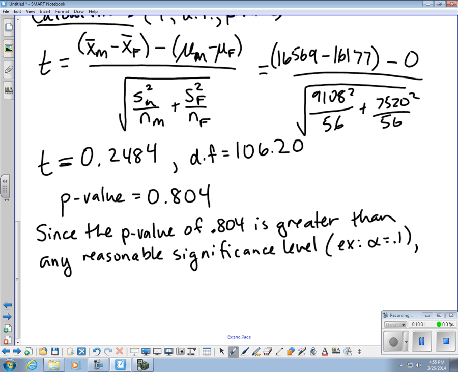So because, remember, if P is low, we reject H0, but this time we definitely fail to reject the null hypothesis.